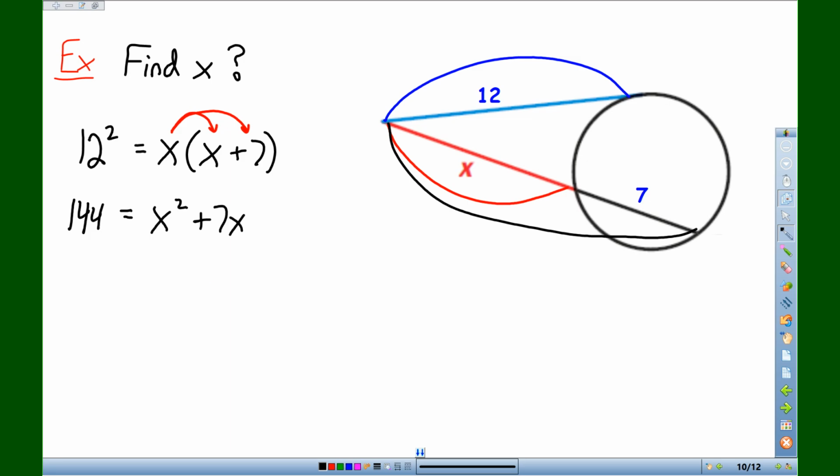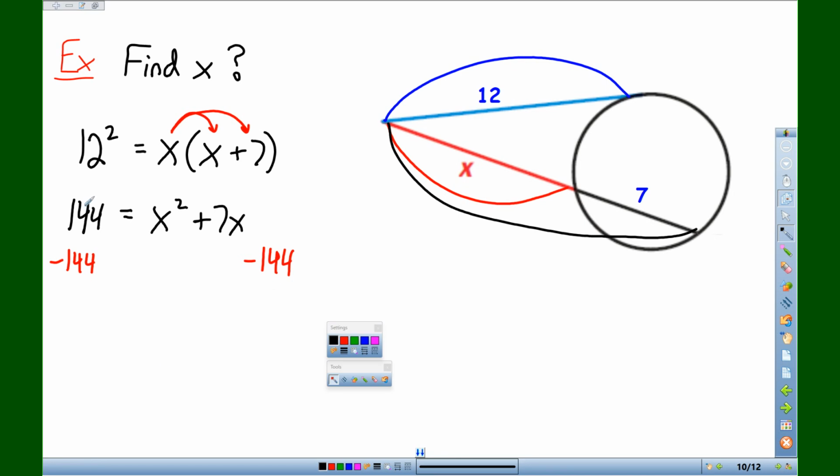We won't go through this whole process because you'll see where we're headed. Okay, but when you have a quadratic, the first thing you want is to get all of your terms to the same side of the equal sign. So I'm going to take this 144 and move it over to the right-hand side. Okay, by the way, it doesn't combine with either one of these. That's why I'm putting it over here.